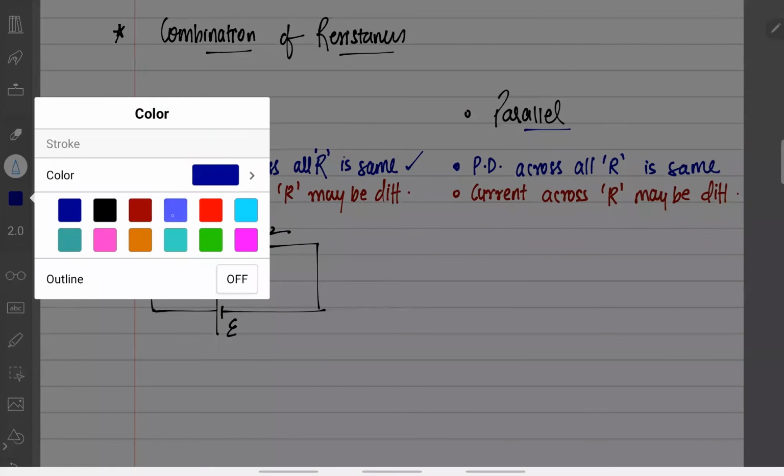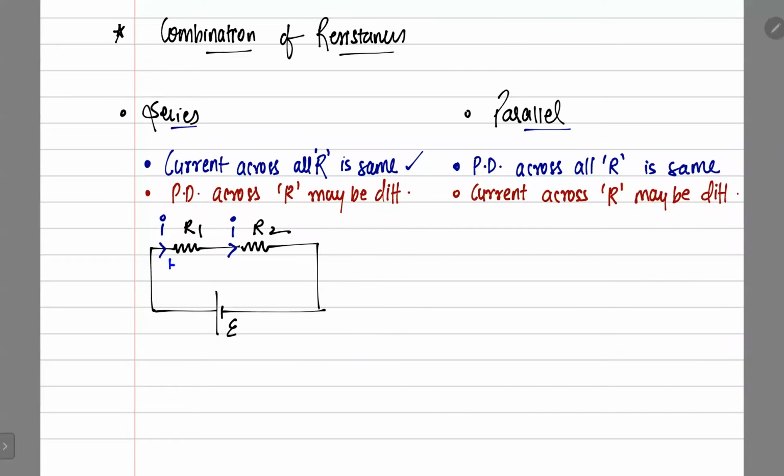However, the potential difference across R1 is delta V1 and across R2 is delta V2. They can be different, not necessarily, but can be different.